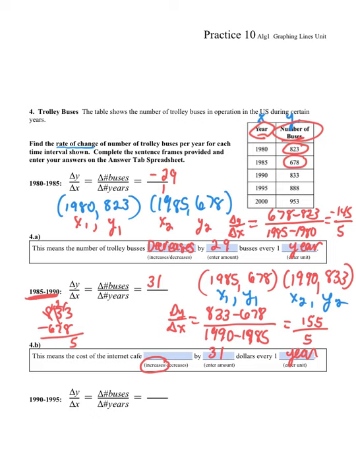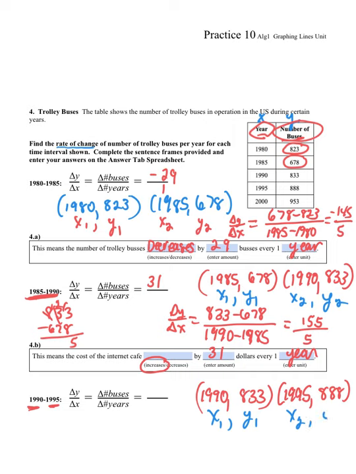Okay, then the next interval we're looking at is 1990 to 1995. So in 1990, there were 833 buses. And in 1995, there were 888. And if you label your x sub 1, y sub 1, x sub 2, y sub 2, we're looking at the change in y over the change in x.